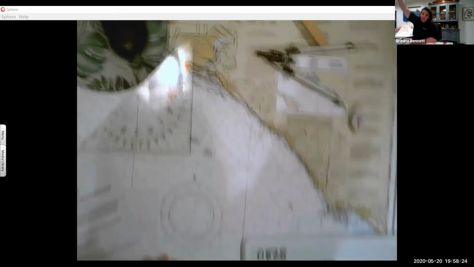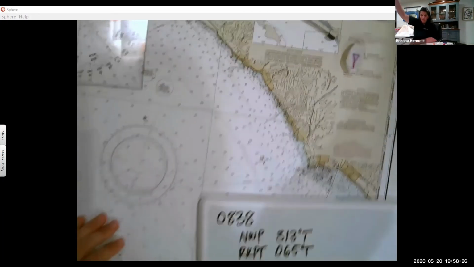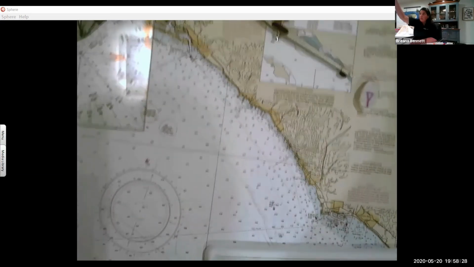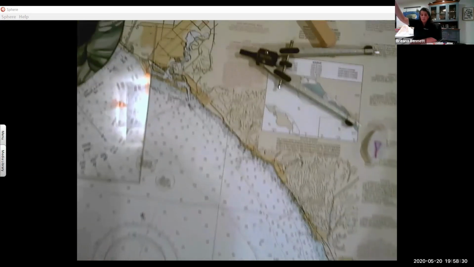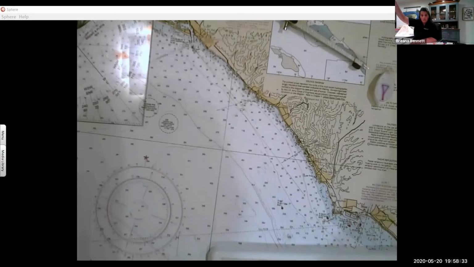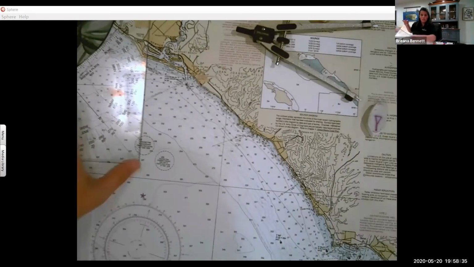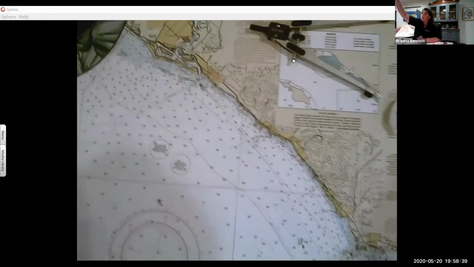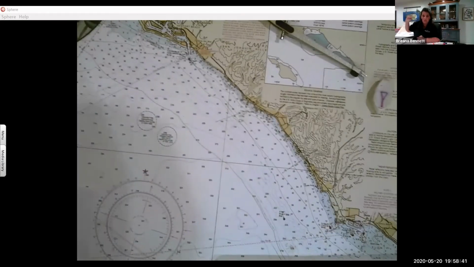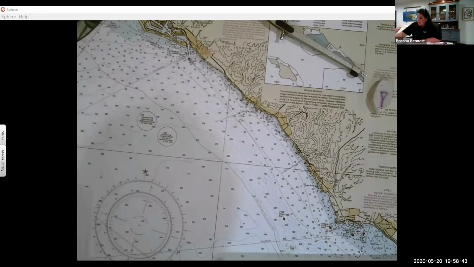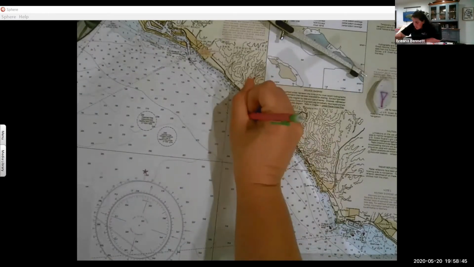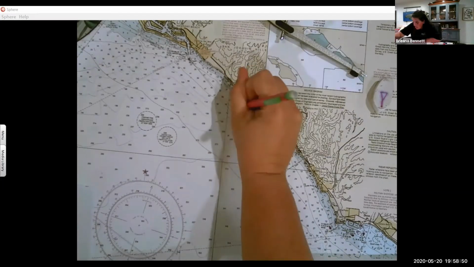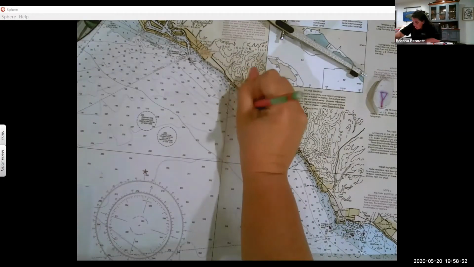Okay, let me zoom in to see it a little better. Okay, so where these two LOPs meet, that is my position at 0838.